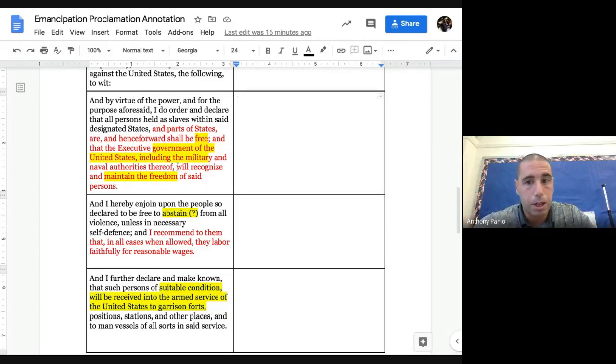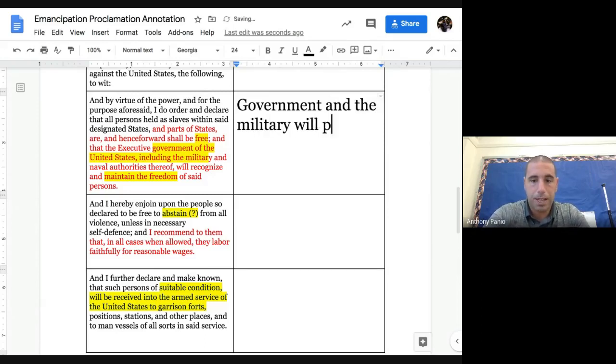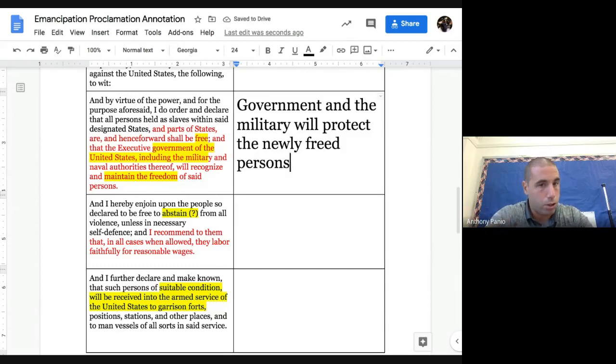So in this particular box here, he talks about how the government and the military will protect, and we're not going to call them slaves technically now. He's not going to call them slaves. He's going to call them the newly freed persons.